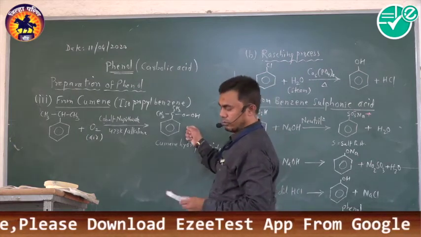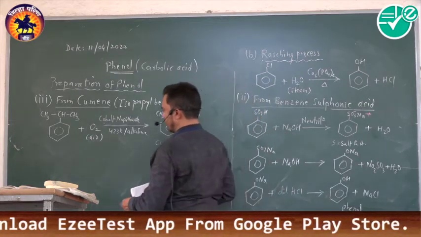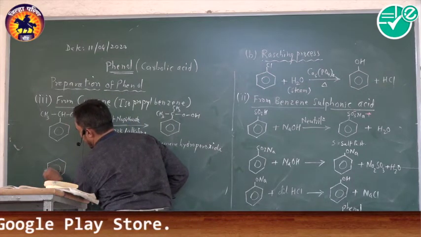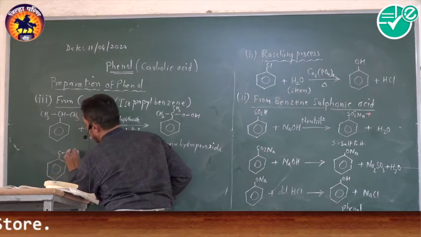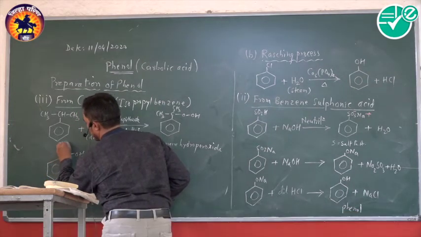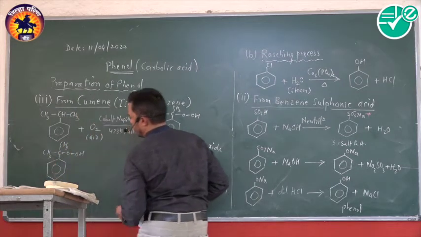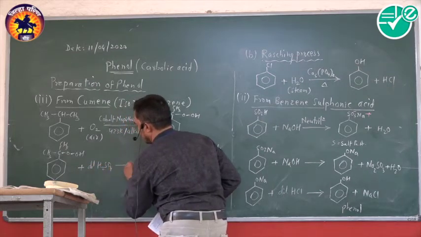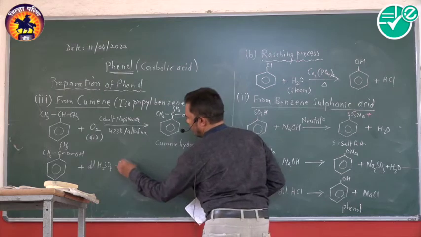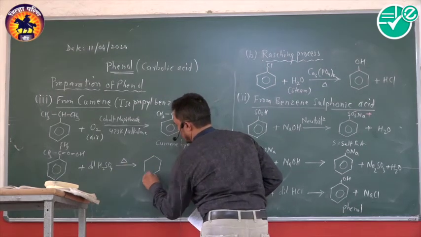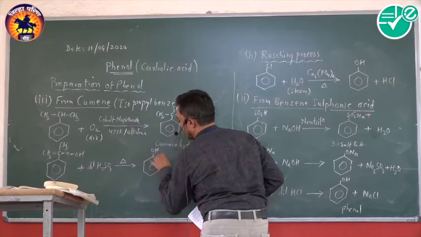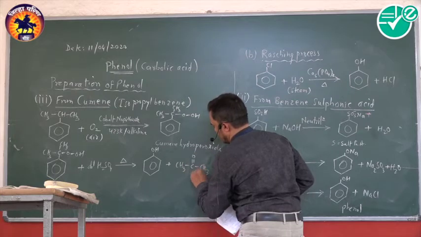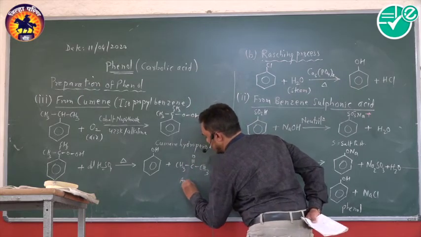This is an important intermediate, which on further hydrolysis with the help of dilute acid, either hydrochloric acid or sulfuric acid. Now, cumene hydroperoxide further treated with dilute sulfuric acid is going to form phenol along with the formation of the important solvent acetone.